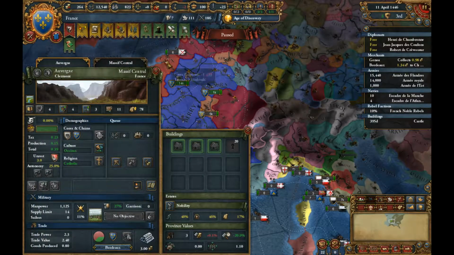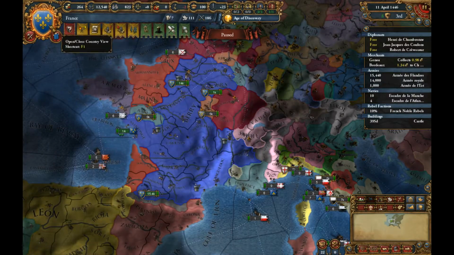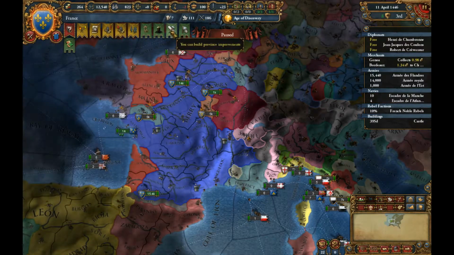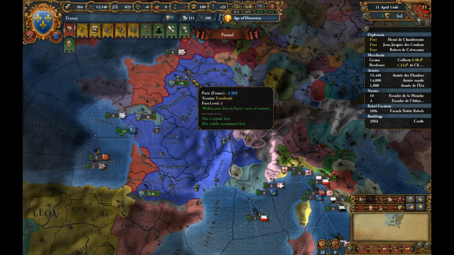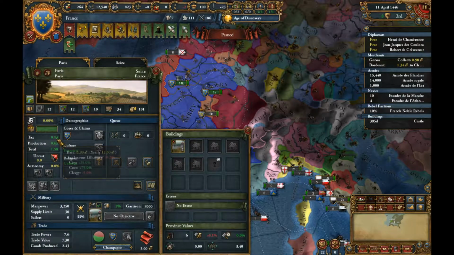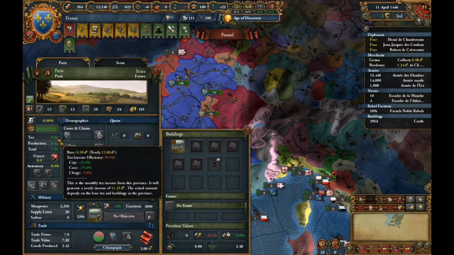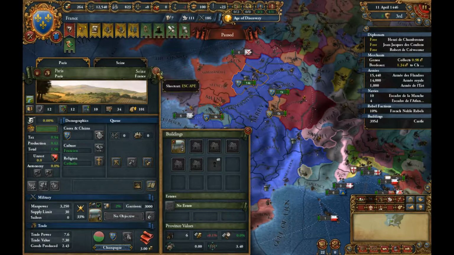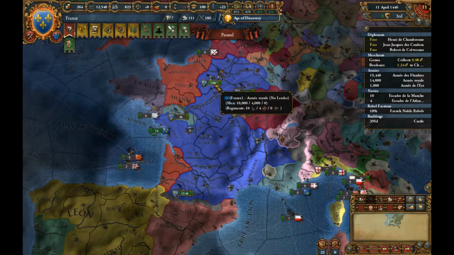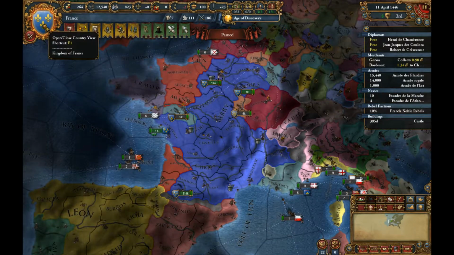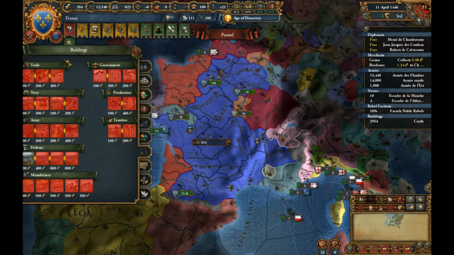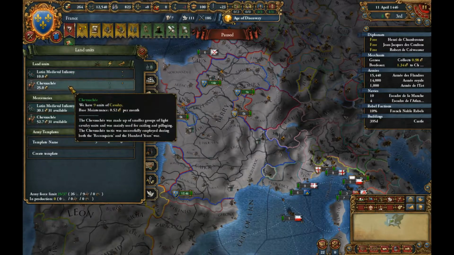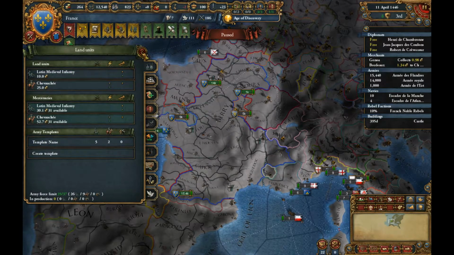Raise your development, build buildings, especially in the early game. The temples, the churches, and so on are extremely important. If you have quite strong ones, as in Paris, you can raise your income here by 0.2503 ducats monthly, and this is enough so you can build another regiment of infantry, as it costs you 0.21 per month, or even cavalry.